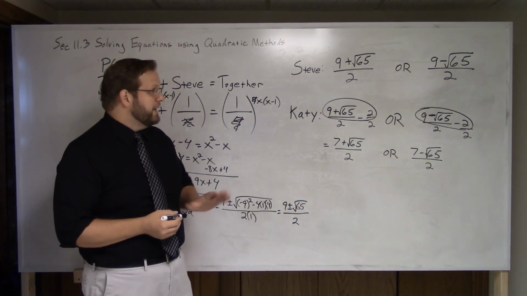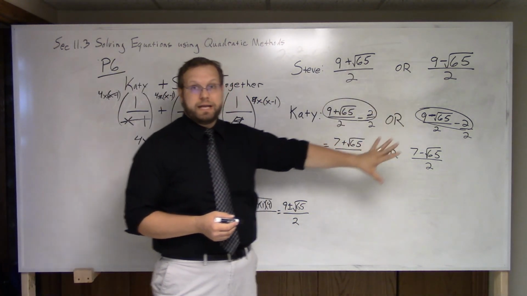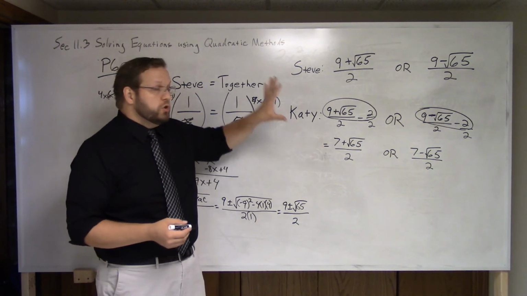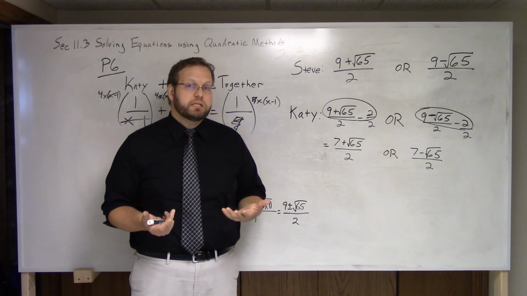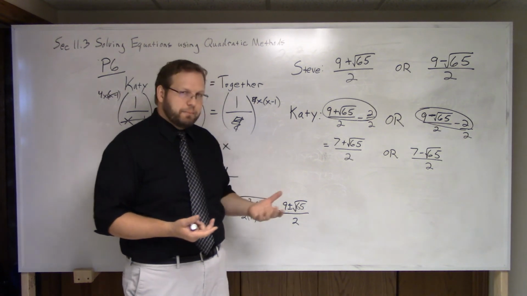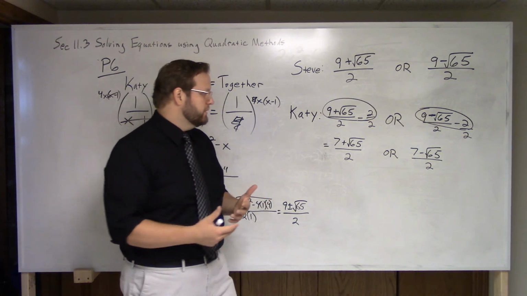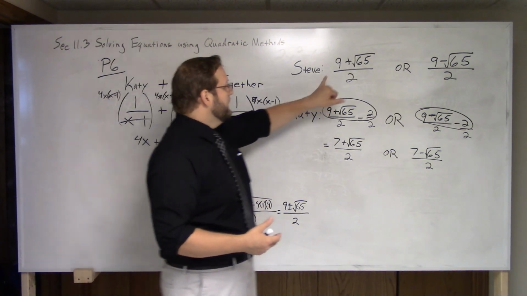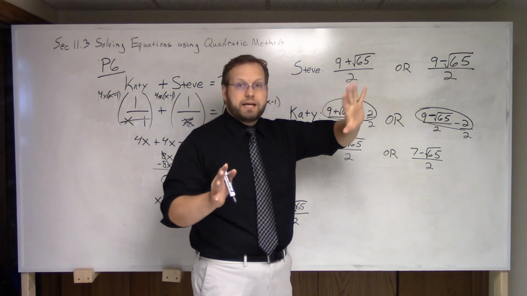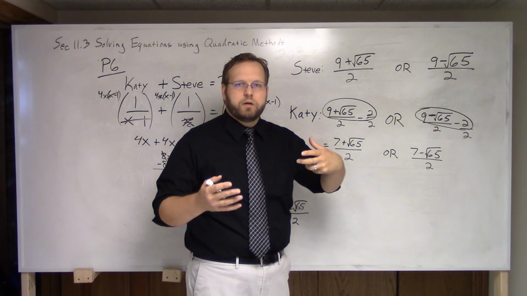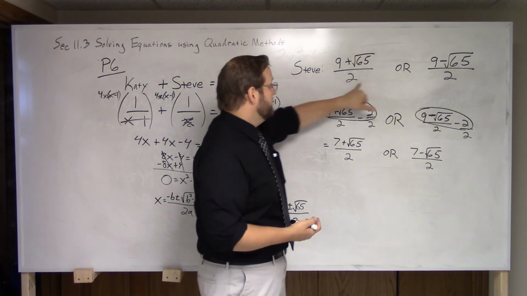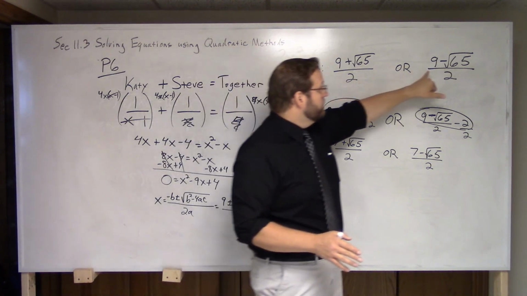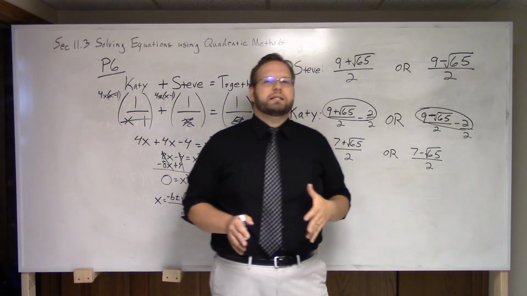Okay? Now, that's a lot of different answers that we have to work with. You could plug these in the calculator, get a decimal approximation to see what works, or let's think about this a little bit. Let's exercise our brains a little bit on this one. Okay? When we deal with times, what is one thing that we definitely want to avoid? When we have times, we want to avoid negatives. This is not negative. Everything's just positive there. Over here, what's the square root of 65?